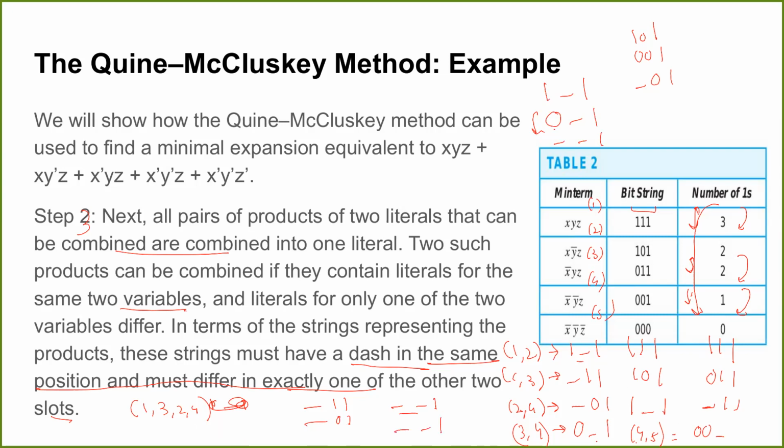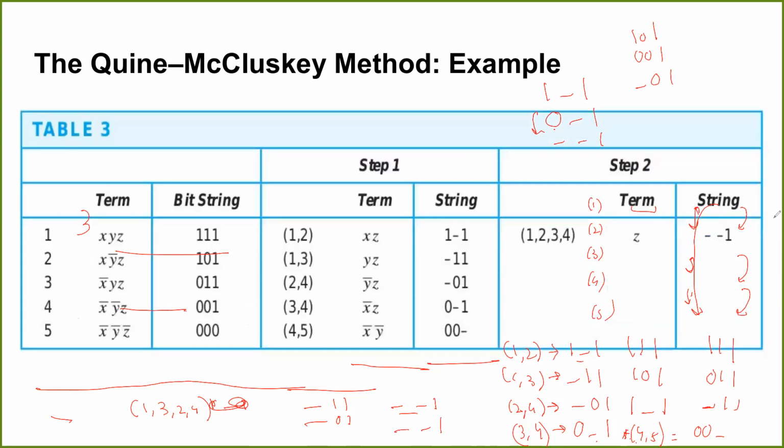Can I combine 4 5 with anything? Is there anything which has dash here and differs in one variable? Anything which can be combined with 4 5? No, right?